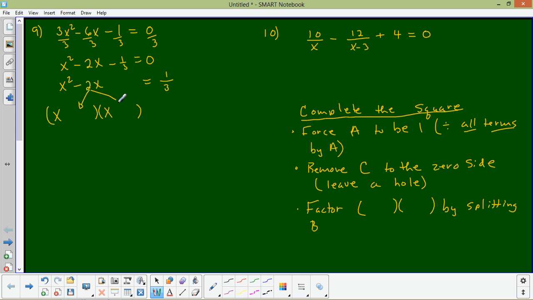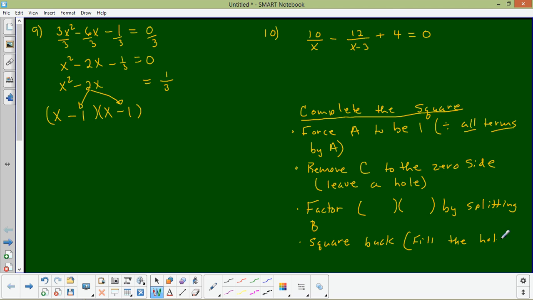We're just going to split that in 2, and we're going to have minus 1 and minus 1. Whatever number your B value is, you take half of it. And so in this case, it's minus 1 and minus 1. And then you square back, we said. And that's why we left the hole. Square back, fill the hole, right?